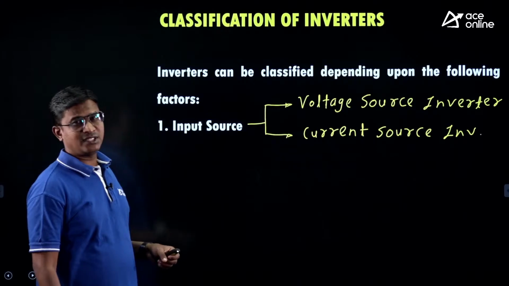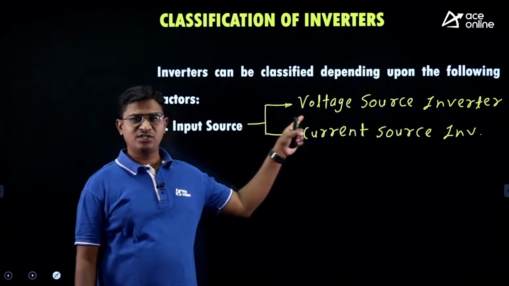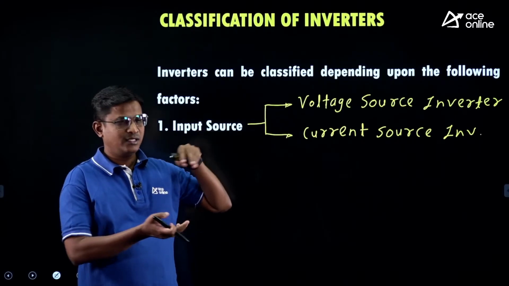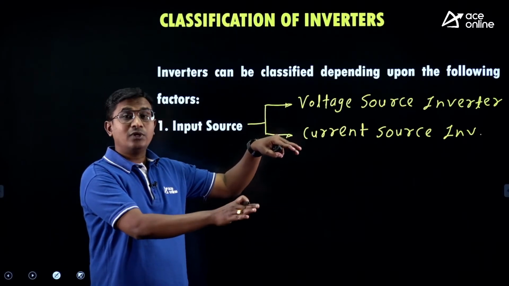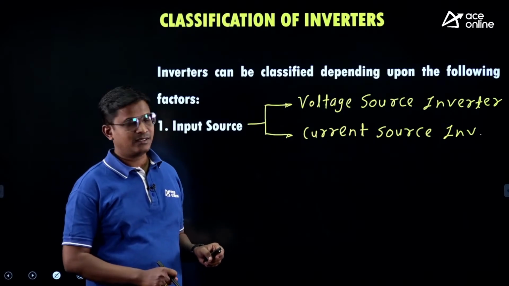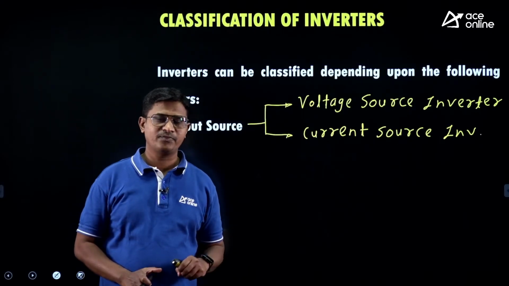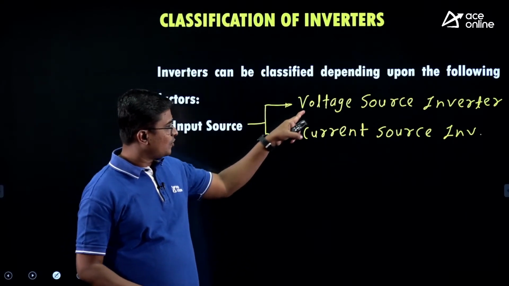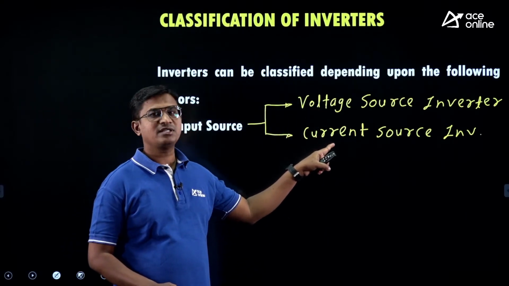What is the difference between these two? In a voltage source inverter, the input voltage to the inverter is constant. In a current source inverter, the input current to the inverter is constant.